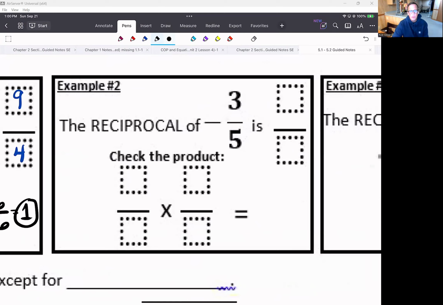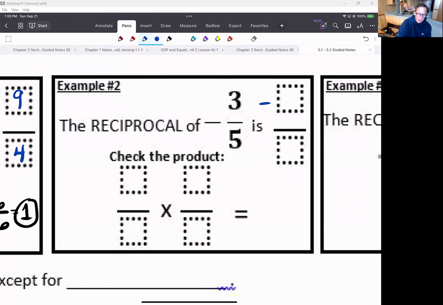Next example. When you take the reciprocal of a negative, some people mistake that the negative goes away. Nope, the negative sticks around. Keep the negative there, just flip the fraction, and you're good. The negative really could be anywhere on a negative fraction.